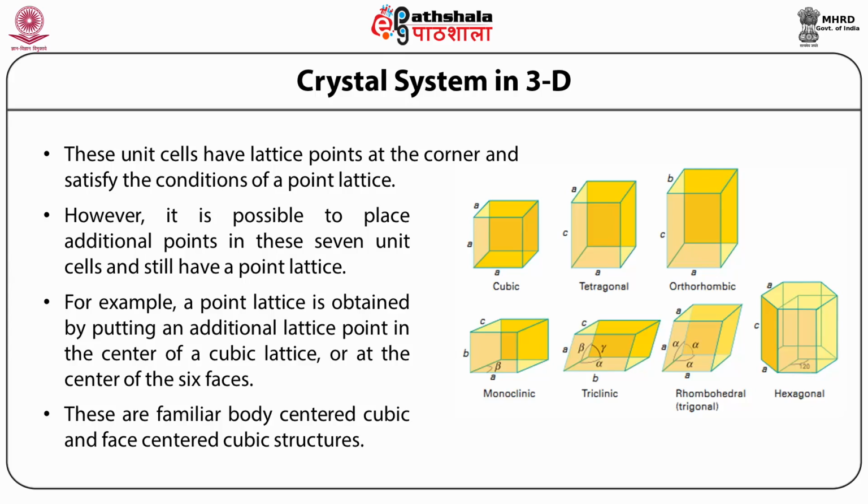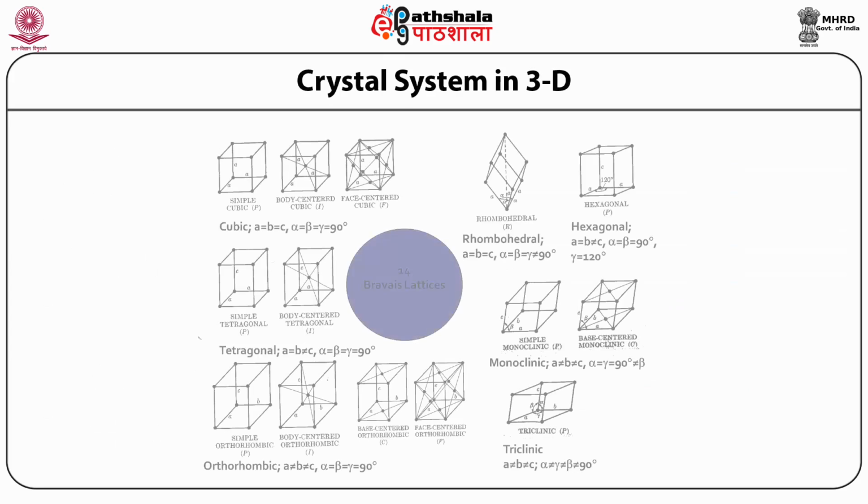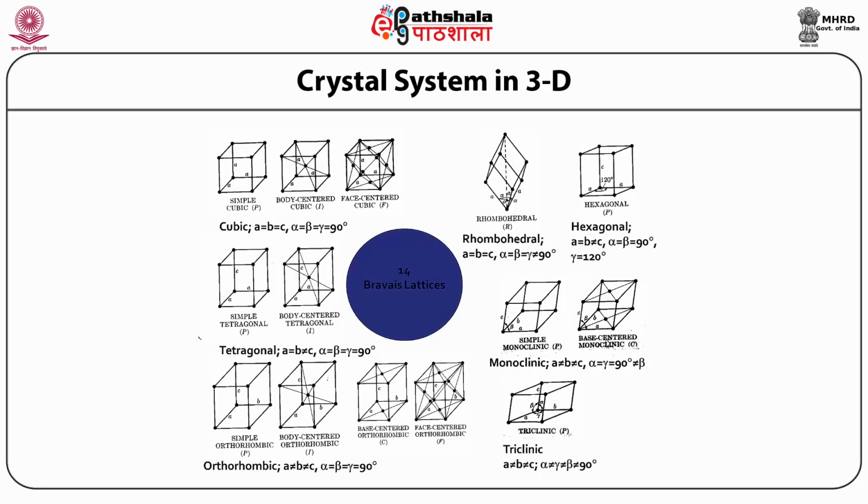So depending upon this classification, we have 14 Bravais lattices. In 1848, a French crystallographer showed that there are exactly 14 possible point lattices. These are also called Bravais lattices.